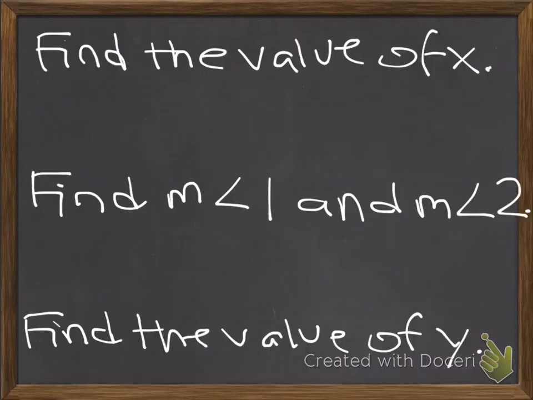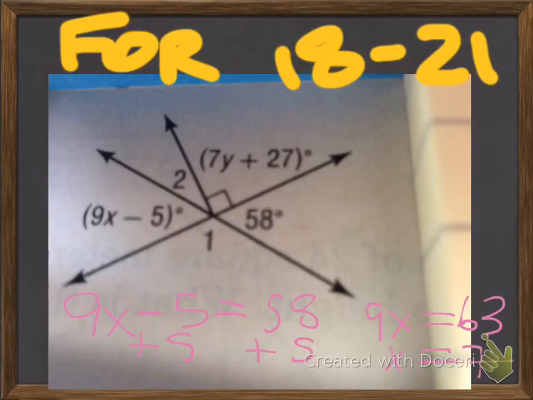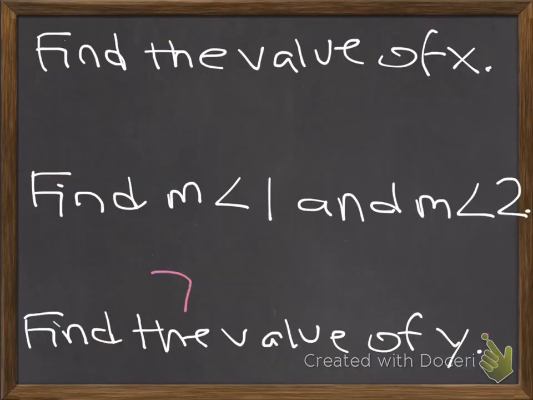And then finding angles 1 and 2, well, angle 1 is vertical with across from it these two, but we don't know y yet. We can find y by doing 7y plus 27 equals 90. That'll do the next one.